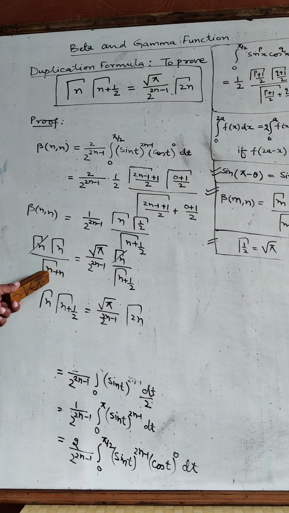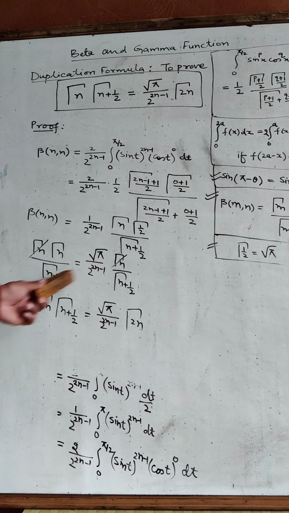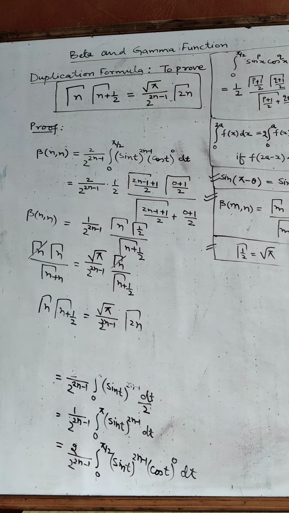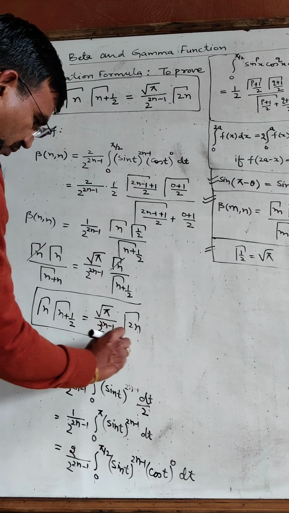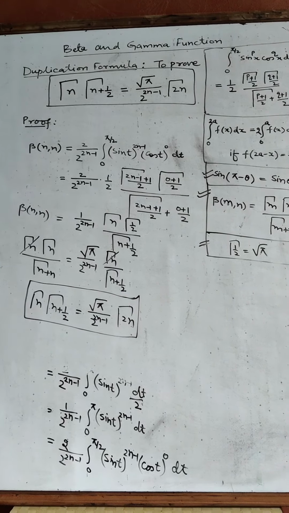When we cross multiply, it will come on the right hand side, and in this way we can prove the duplication formula.